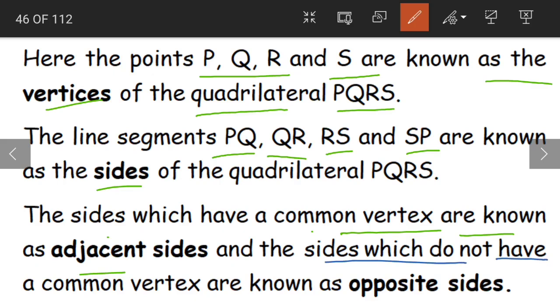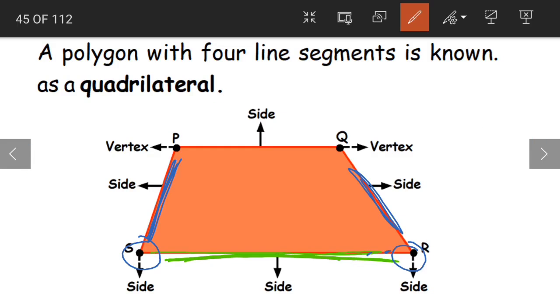And the sides which do not have a common vertex are known as opposite sides. Now when we look at side RS and also side PQ, do they share any common vertex? No, they do not have a common vertex. So such sides are known as opposite sides. Opposite.